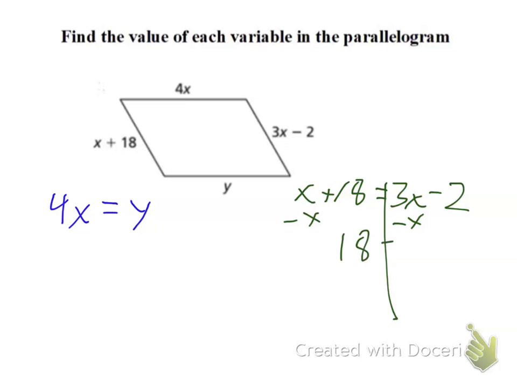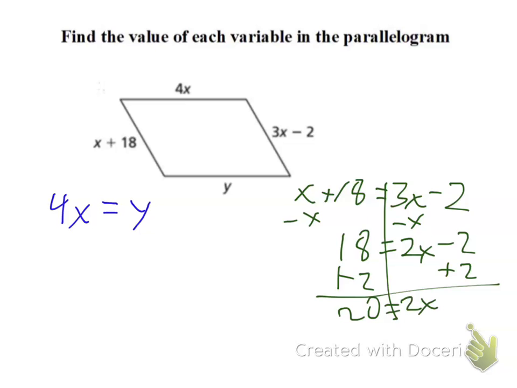And 3x minus x is 2x minus 2. Got to move that 2 over, so plus 2, plus 2. And so we have 20 equals 2x. And if 20 equals 2x, we divide by 2. And then x equals 10. All right, so that is our first solution.